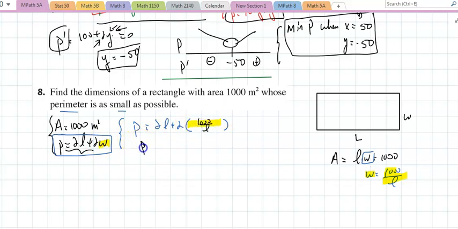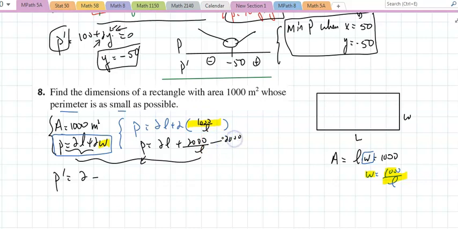And the perimeter will be 2L plus 2,000 over L. If I take the derivative, P prime would be 2 minus 2,000 L to the negative 2.